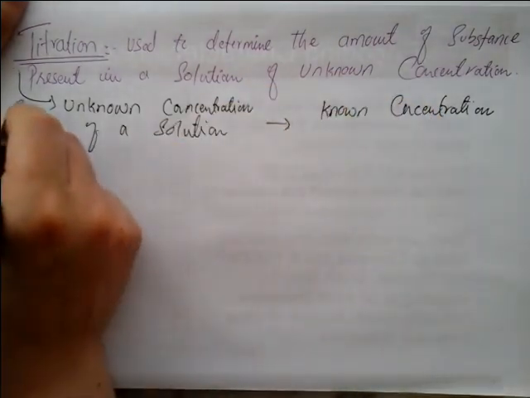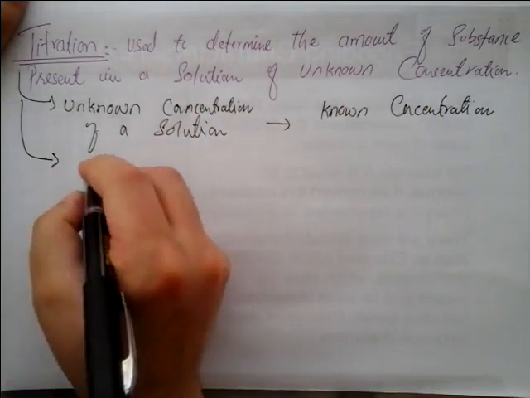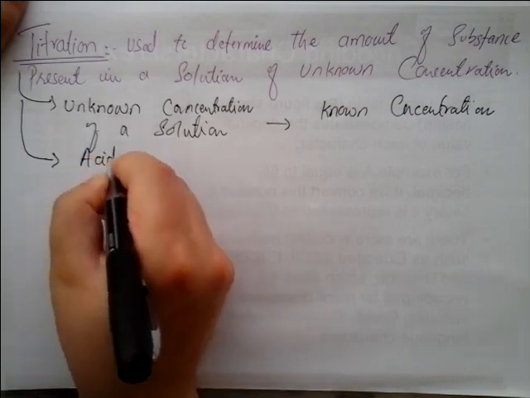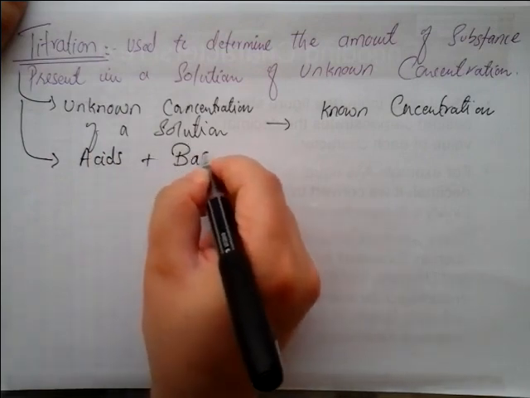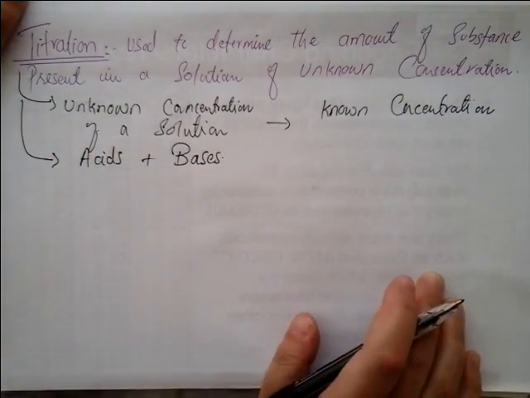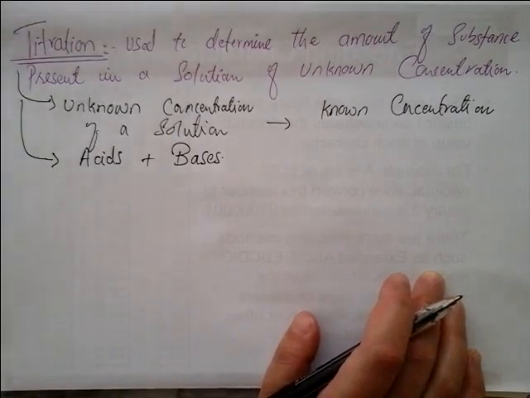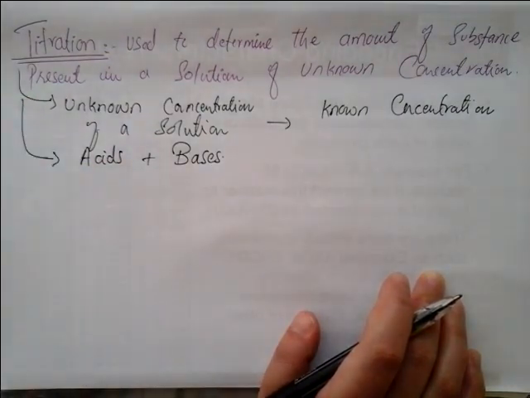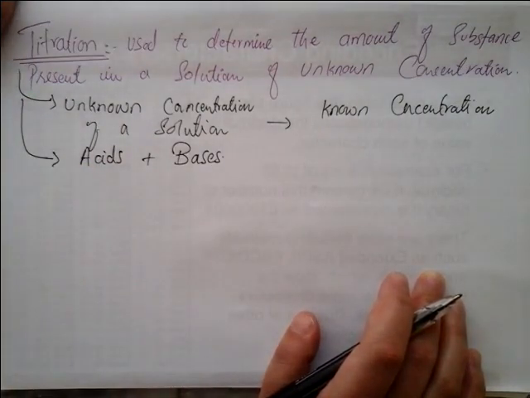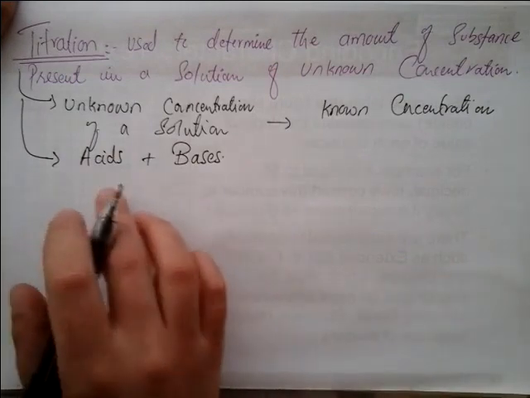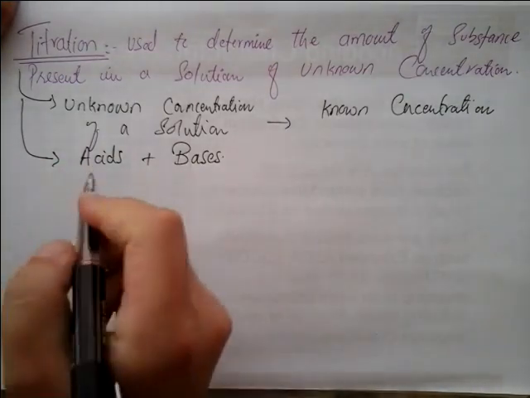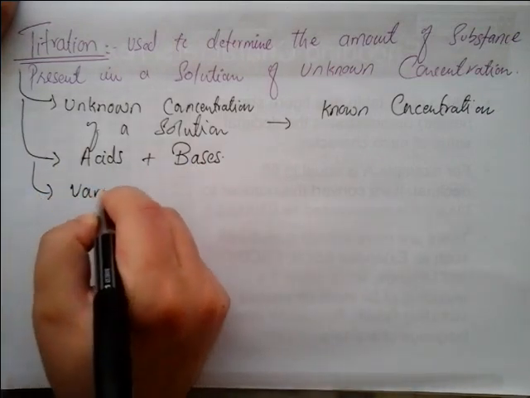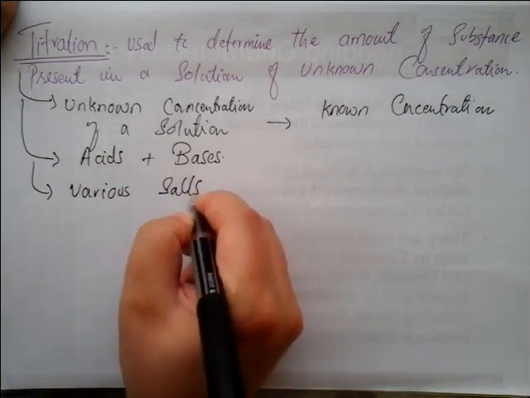Keep in mind that usually we do titration of acids and bases. Is that clear? If you want to find the concentration of a base, we titrate it against an acid, and whenever we want to find the concentration of an acid, we do titration of this acid with a base. In this way we also do titration of various salts. Various salts are also included in this list.